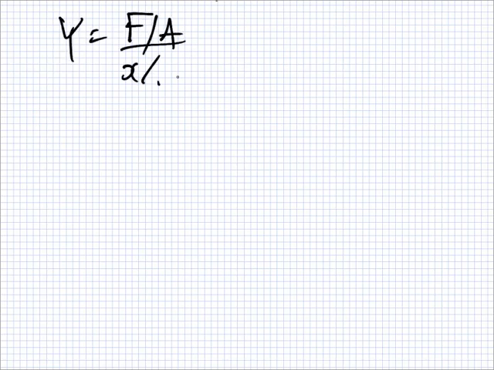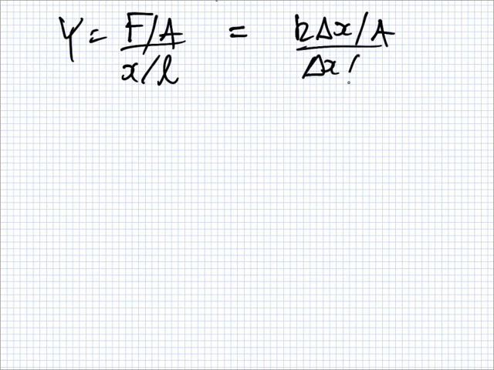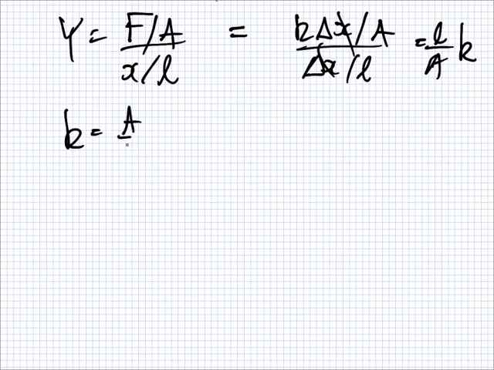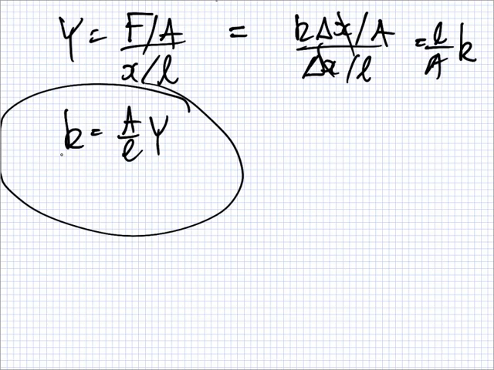It's k delta x over A, over delta x over L, they cancel. So k equals A over L times Young's modulus. This formula is not in the formula book, so you will need to work it out anyway.